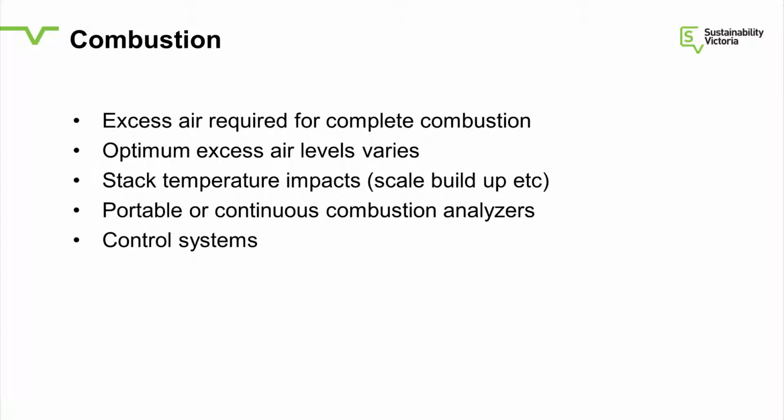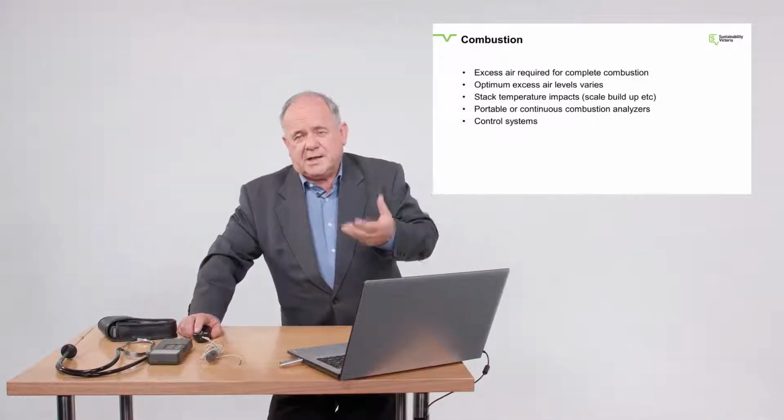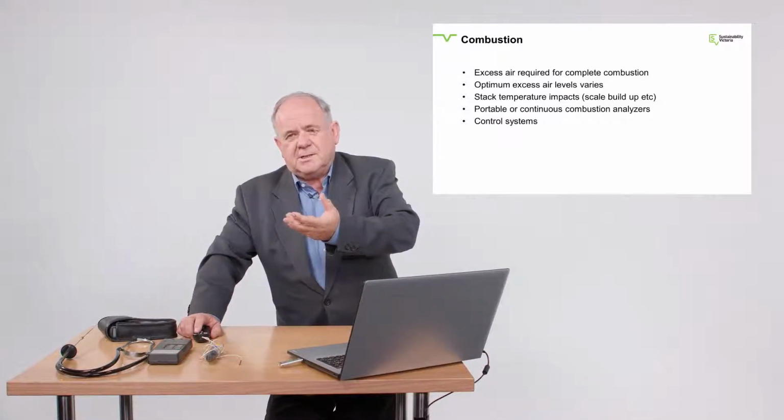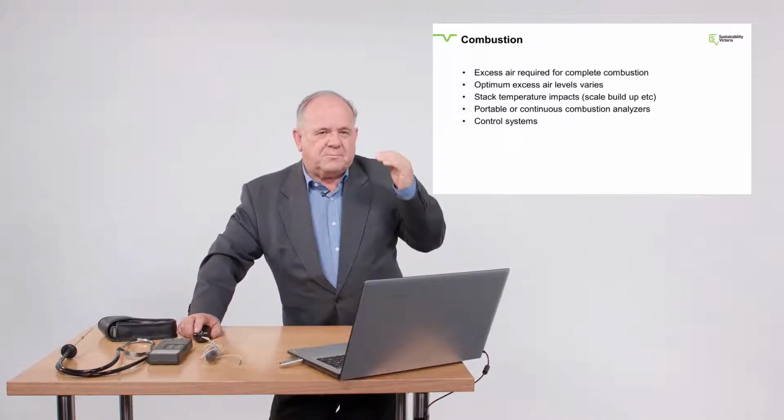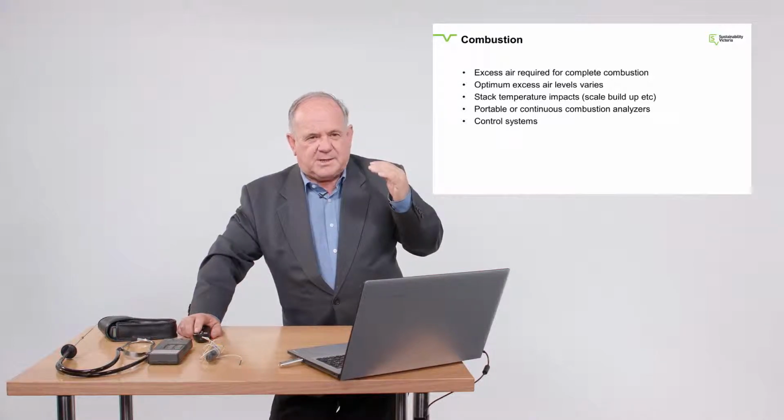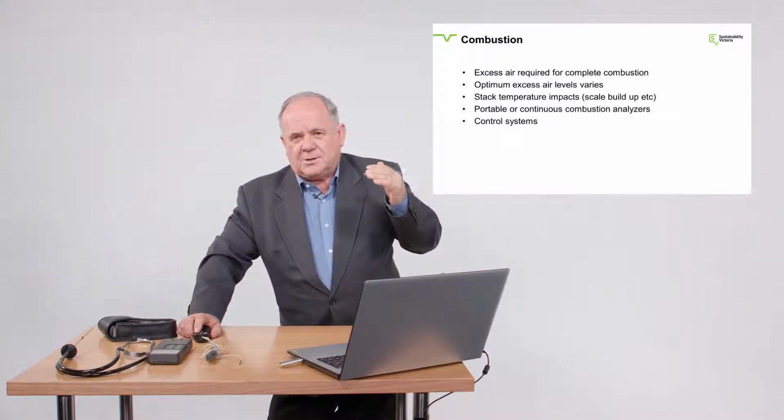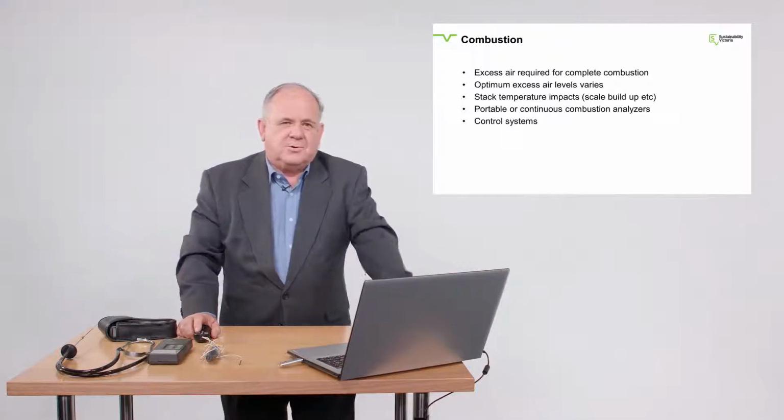The minimum excess air is probably 20 to 25%, depending on the type of burner used and the type of control system. So it means that you've got a lot of extra air that doesn't take part in the combustion, which means it's a carrier of heat. So that air is obviously at a temperature, excess air, lost energy. So the aim is to try and improve the combustion, to reduce the amount of excess air, not make carbon monoxide, and still be able to run the boiler efficiently.